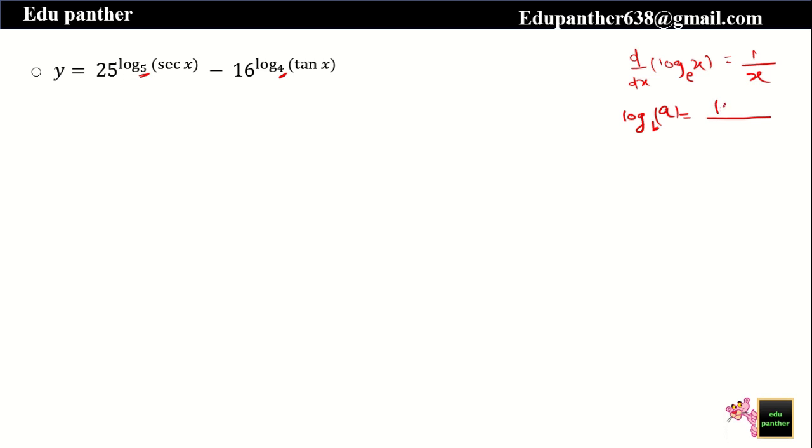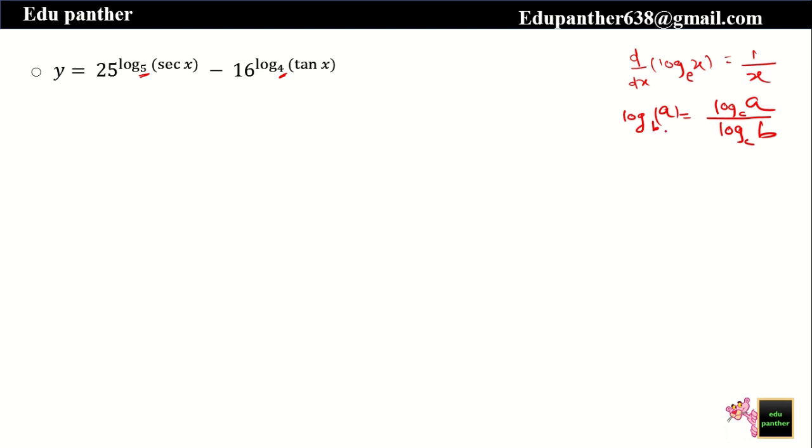First write log a without any base, and then the original base was b, so write log b. So log a divided by log b without any base. Now what should our new base be? Suppose you want your new base of log to be c, then just write c as your new base. Clear?